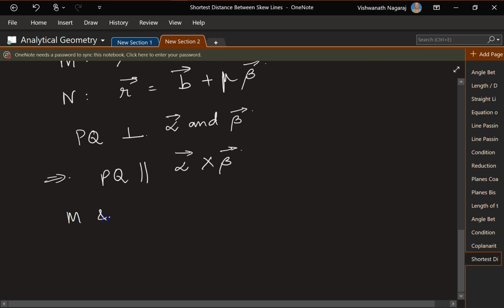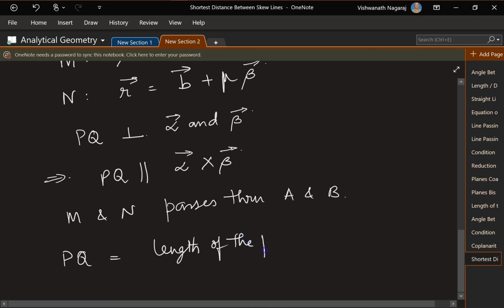Now, M and N pass through points A and B. Now, PQ, which is the shortest distance, would be equal to the length of the projection of AB on PQ.